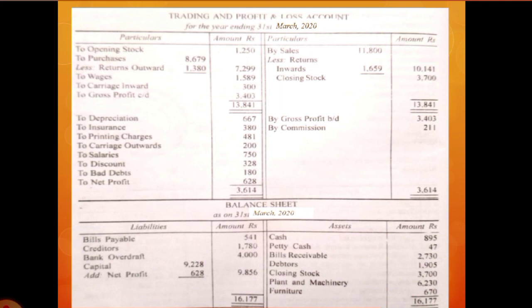If you need to do balancing, it means whatever solution you have solved is completely wrong, right? A balance sheet has to tally automatically on account of the concept of dual aspect. All debits and all credits have to be equal. So in this case, the total of the balance sheet is rupees 16,177. The assets total and the liabilities total are the same.